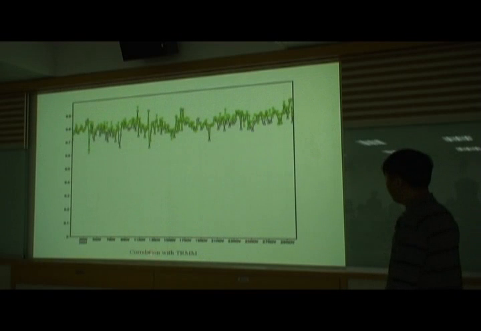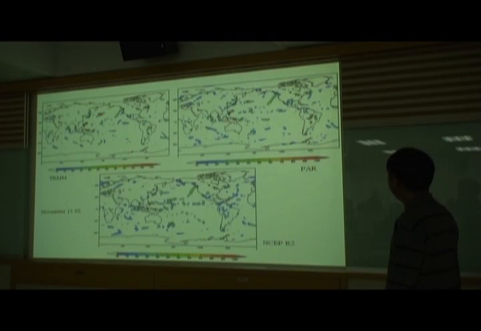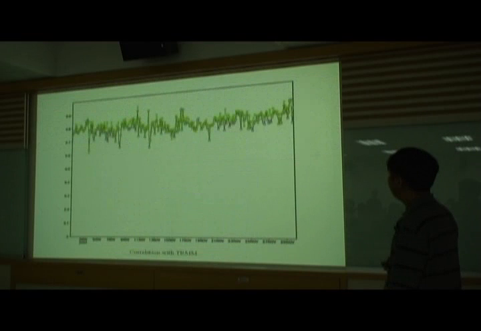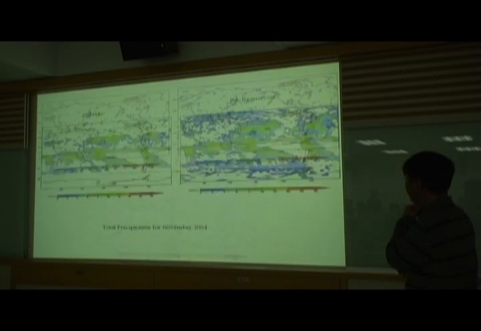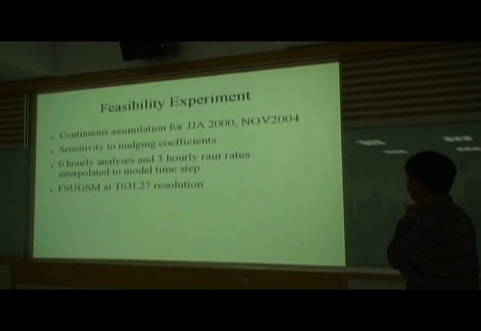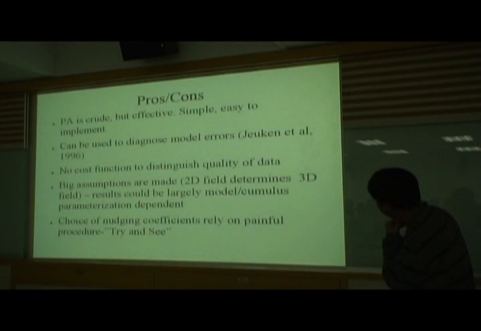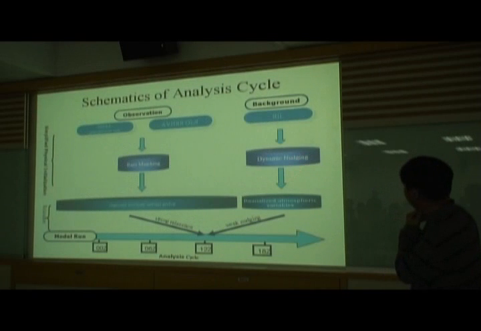But this is a temporal correlation with the TRMM and our reanalysis over November. So you can see that the correlation is very big. The green one and black one are a kind of different product, but our results are sensitively dependent on these nudging coefficients.